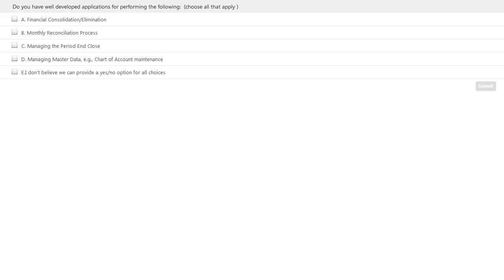All right, so moving on, we're coming to the first polling question. As you look at this, do you have well-developed applications for performing these items? Your financial consolidation and elimination, your monthly reconciliation process, managing the period close, managing master data, such as your chart of account structure.